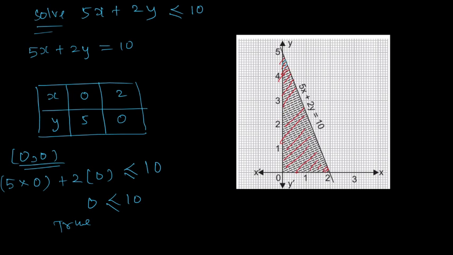Or you can put a shade mark like this. So this portion represents 5x plus 2y less than or equal to 10. Do you understand?